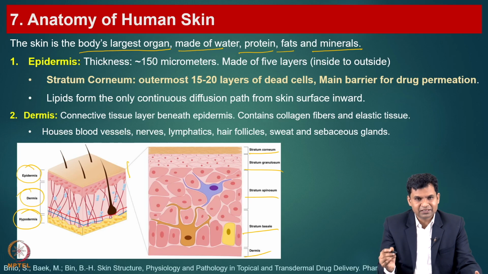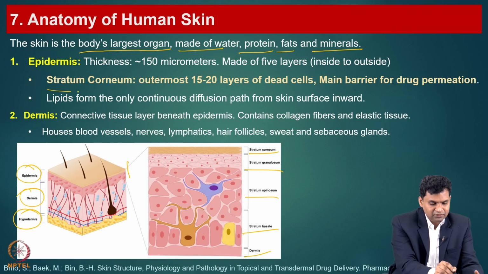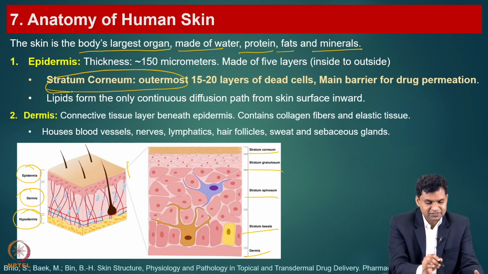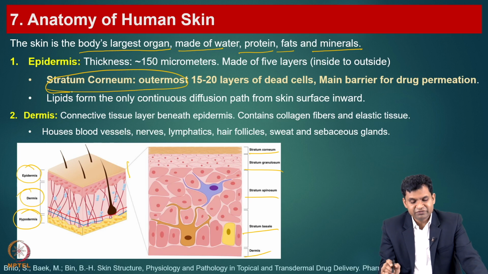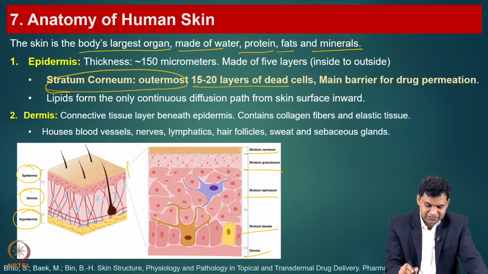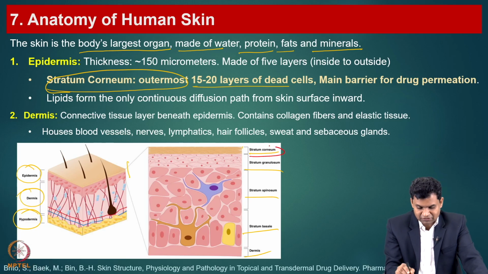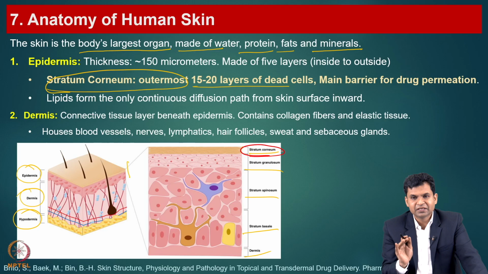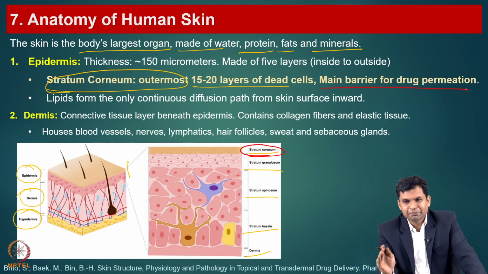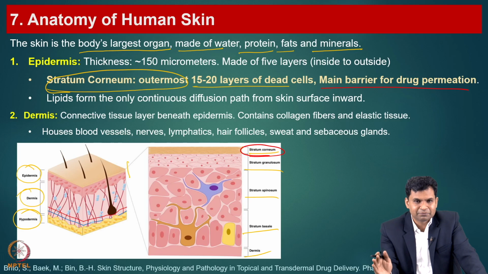The critical layer in transdermal patches is the stratum corneum, which has 15 to 20 layers of dead cells. Now, you can see here, these are the dead cells. That is one of the major problems in permeation. So, the stratum corneum is the main barrier for drug permeation.